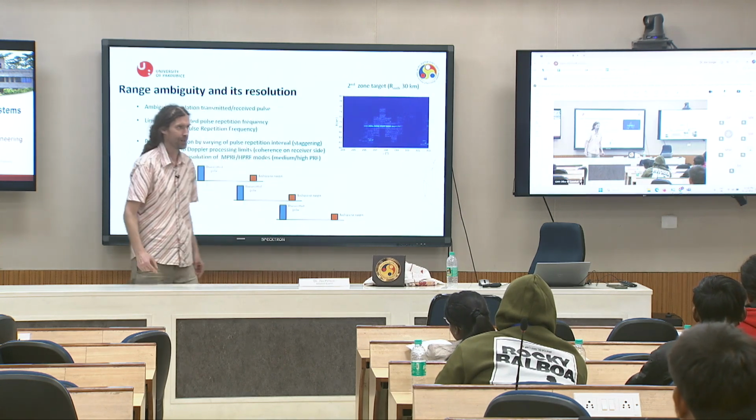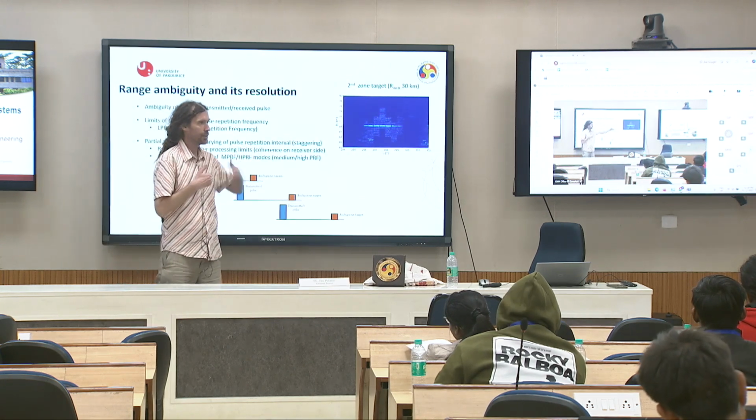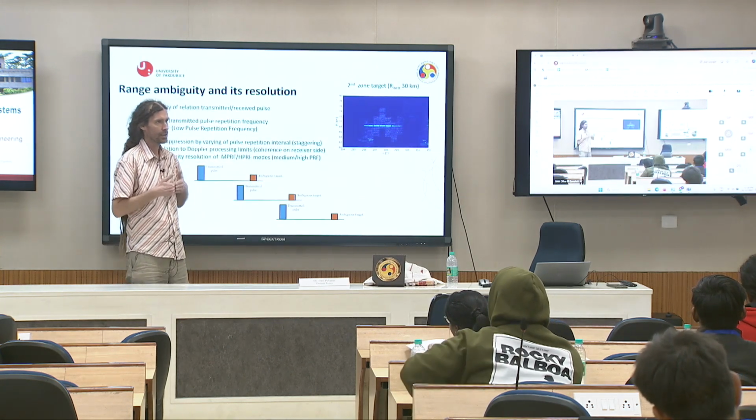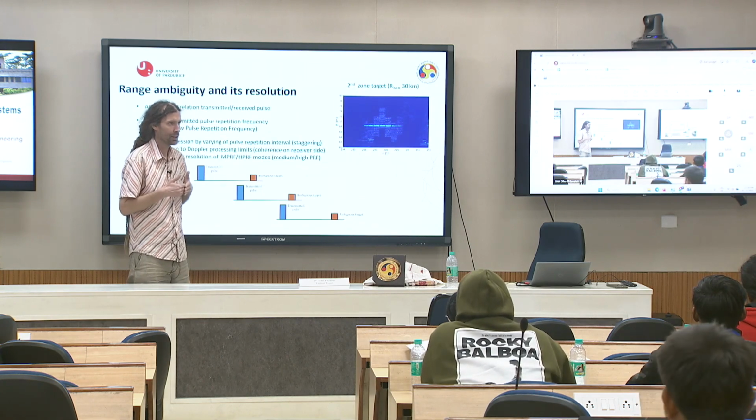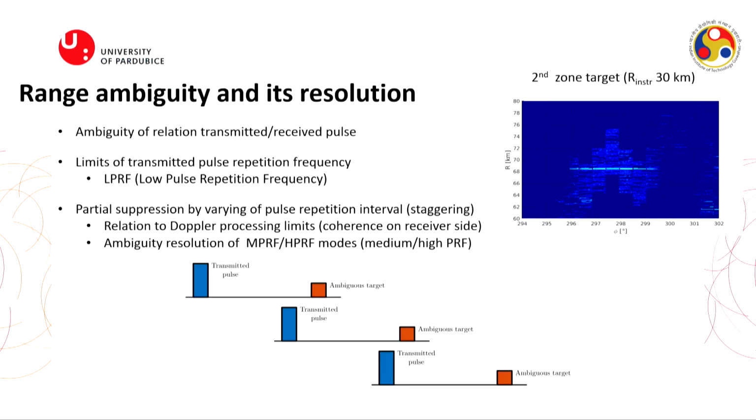It is not easy. Imagine you are sending pulses and getting responses, but you need to be sure what the ambiguity range is. After you are outside of this ambiguity range, you will receive a different response. So imagine my target is 60 kilometers away.